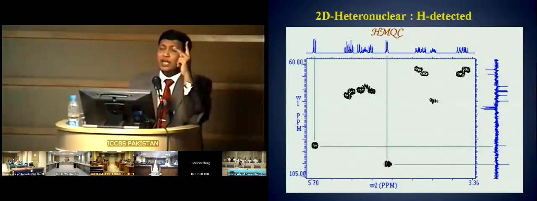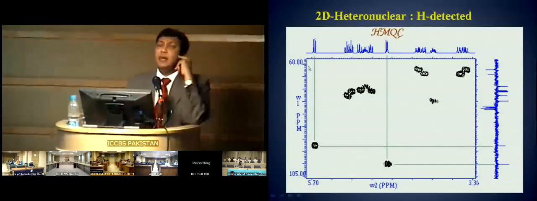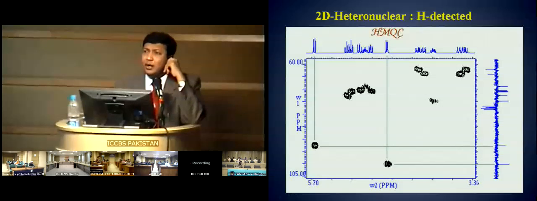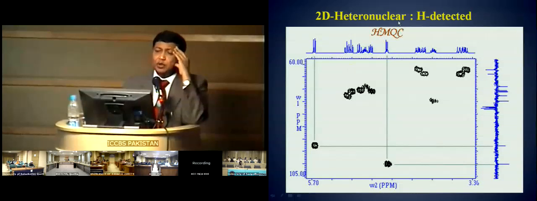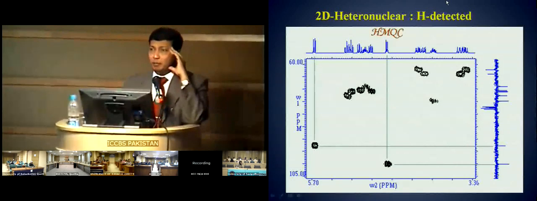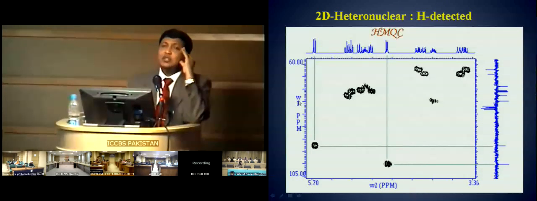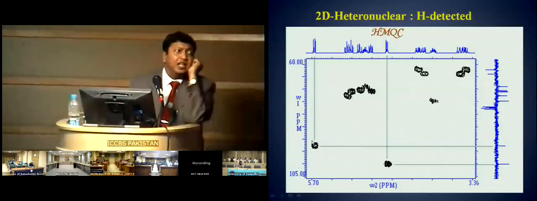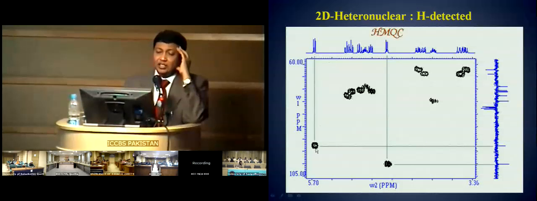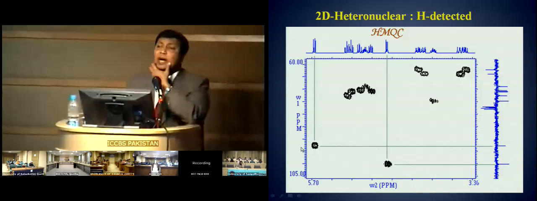Number 2 thing, what you have done, is that you have spread all these peaks on a carbon-13 scale. So you use the tremendous capacity of selectivity of carbon-13 to spread these proton peaks. Remember, these are proton peaks. Kindly remember, this is a proton NMR experiment, in which proton is modulated with carbon, and therefore it is coming in this 2-dimensional graph close to the position of the carbon, which is its partner.